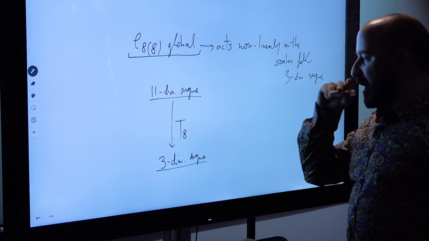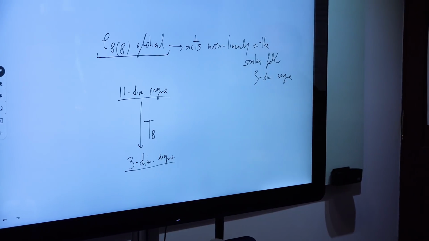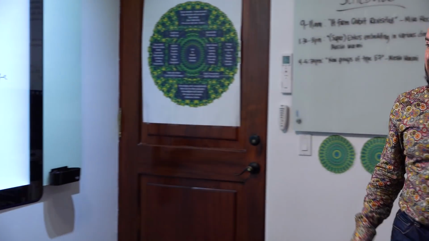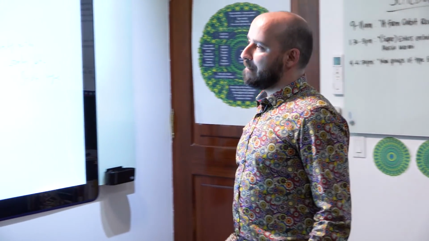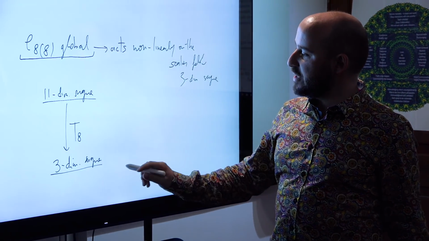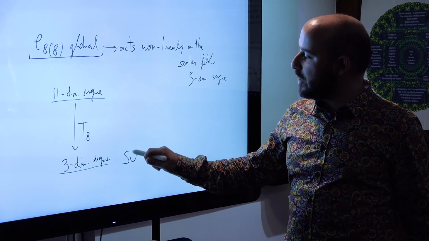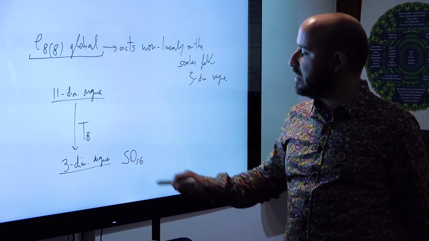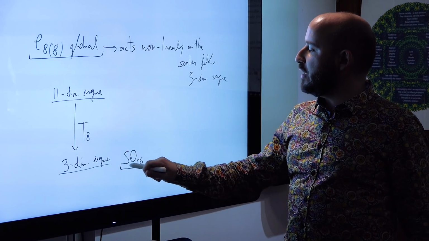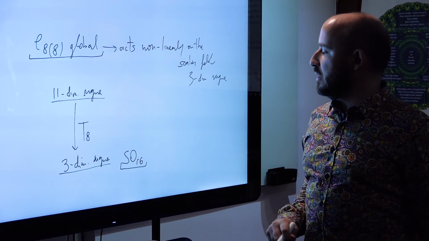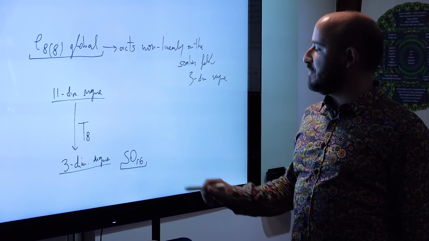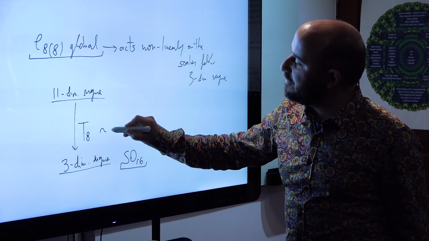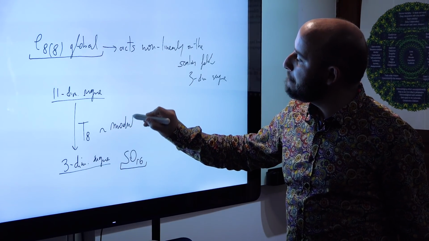You compactify 11 dimensions on an 8-dimensional torus, the standard way, and then you end up with 3 dimensions. And so essentially they noticed that there was a local symmetry which is SO(16). They only noticed that there is this local isometry of the moduli fields, because when you compactify, you get some moduli.